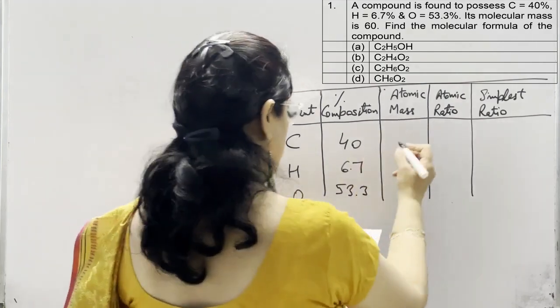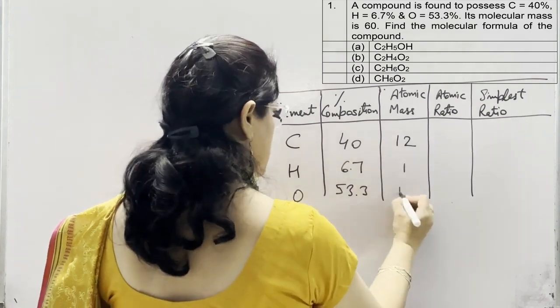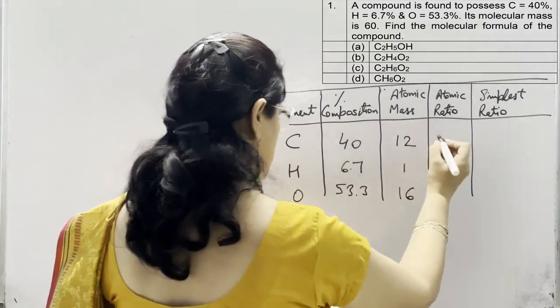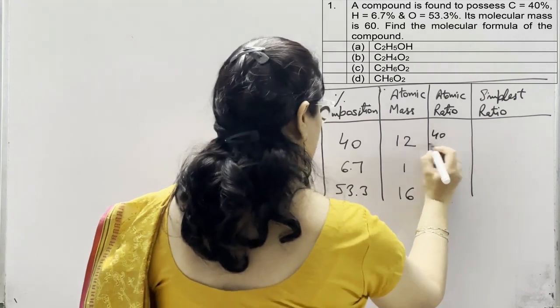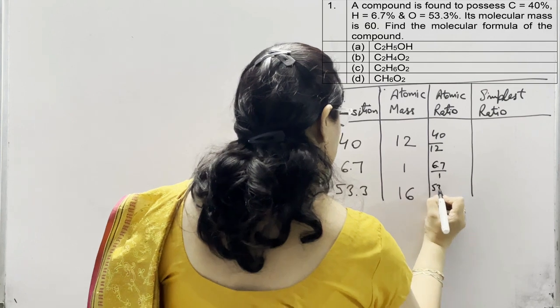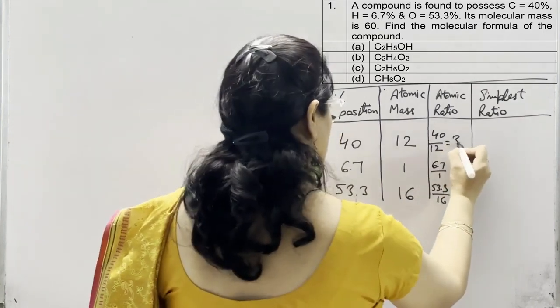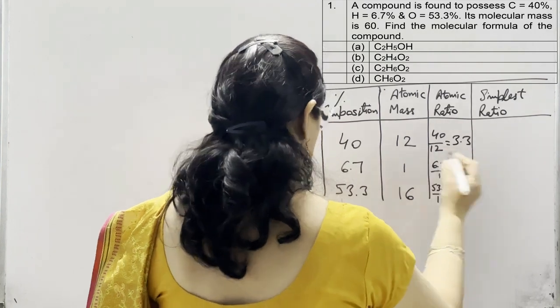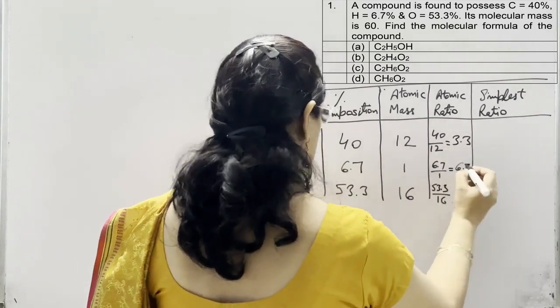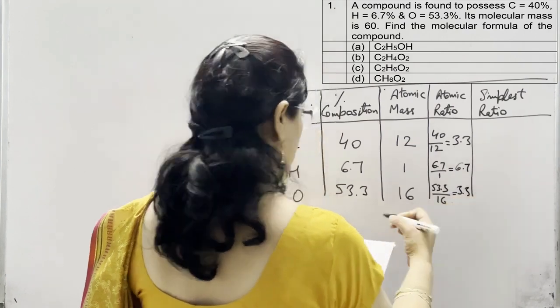53.3%. Now atomic mass we know for carbon is 12, for hydrogen it is 1 and for oxygen it is 16. So the atomic ratio is 40 upon 12, here 6.7 upon 1 and next 53.3 upon 16. So the value comes out to be 3.3 for carbon, 6.7 for hydrogen and 3.3 for oxygen.